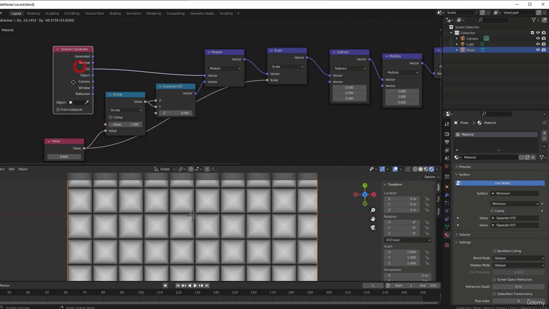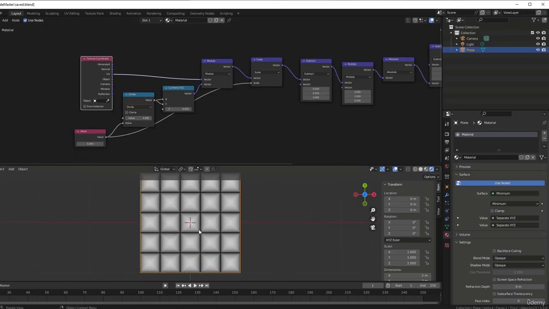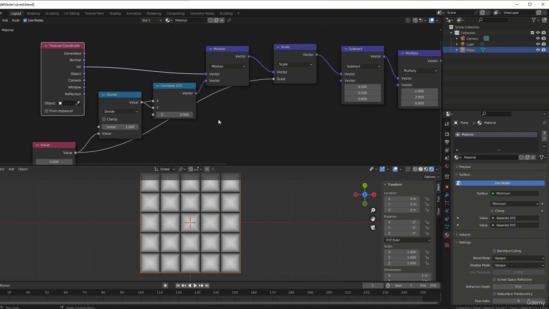So this is the second way how to change one simple tile into many. So either way you can use the fraction or you can use the modulo. Those two are always a way to do repetitive patterns. And of course there are small differences between them, but right now you can just remember that fraction or modulo will divide it.